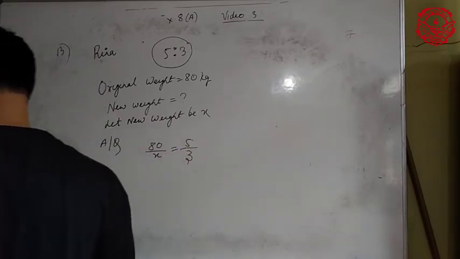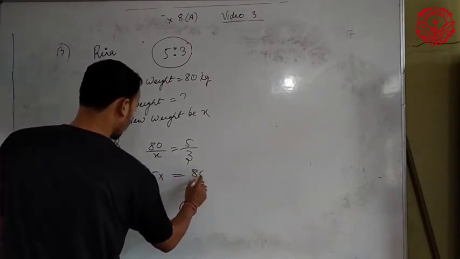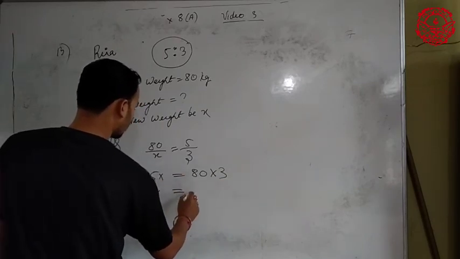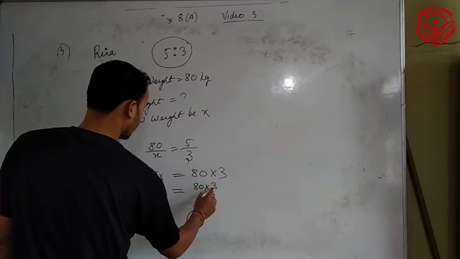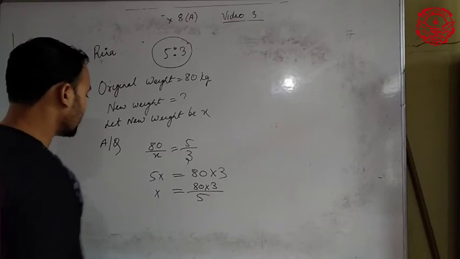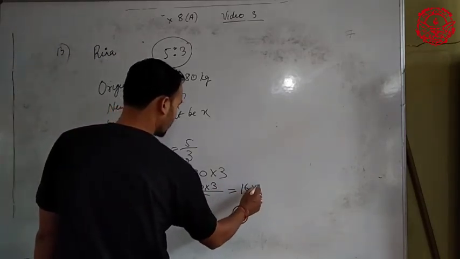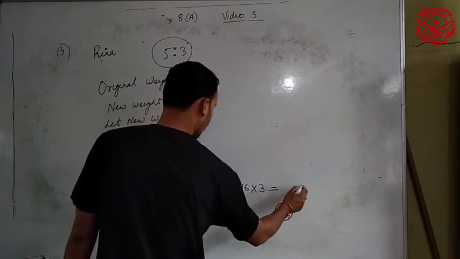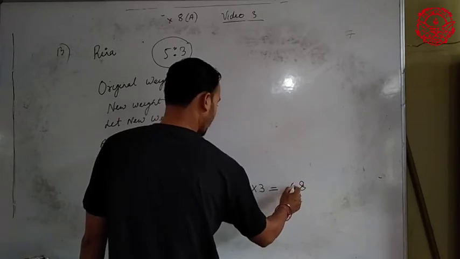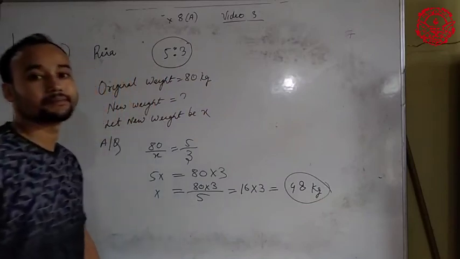Based on this, 5x equal to 80 into 3. x equal to 80 into 3 divided by 5. 16 into 3, you do 16 into 3, you get 48. So 48 kg is the new weight.